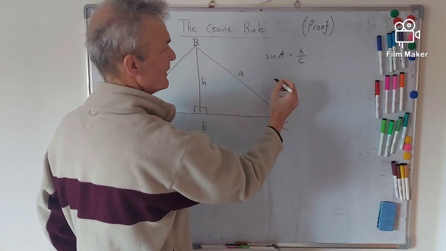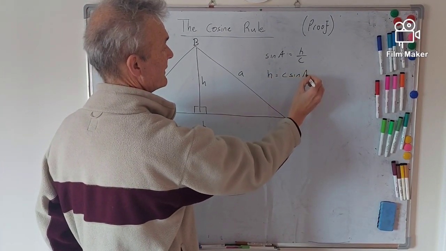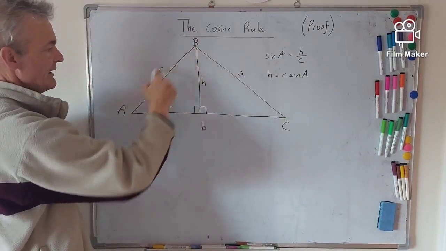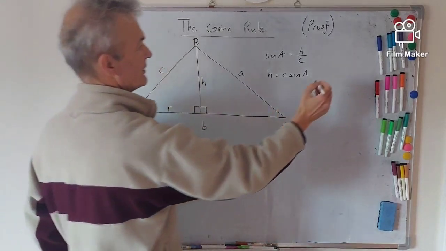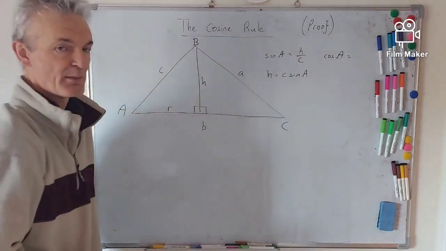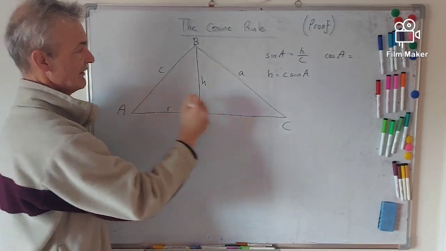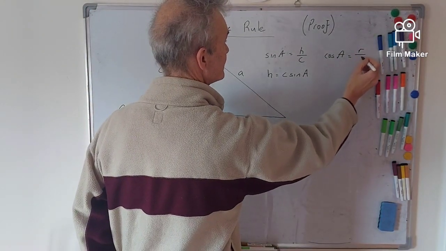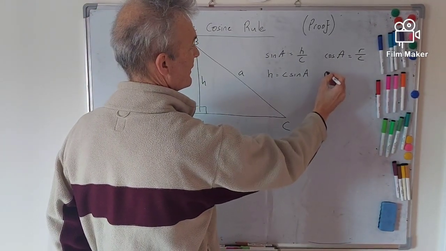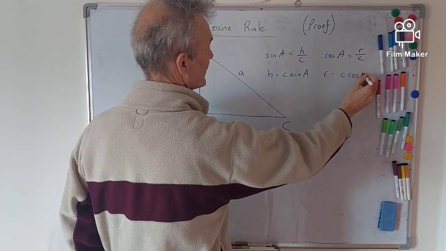So I'm going to multiply through by C, and that will give me H equals C sine A. And I'm still concentrating on this triangle here, and I'm going to do cos A. Again, remember from SOHCAHTOA, cos A is adjacent over hypotenuse, so that's R over C. And then I'm going to rearrange that so that I get R equals C cos A.